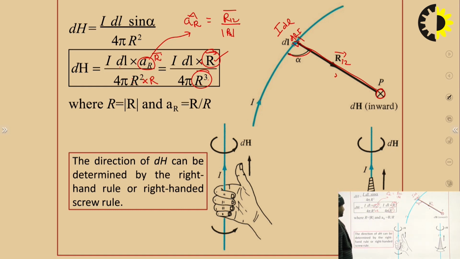So the direction of dH, what is the meaning of this and how do we calculate it? This is the formula for finding the differential current element, and the direction of that particular system has to be determined by the right-handed screw rule, or we can say the right-hand rule.